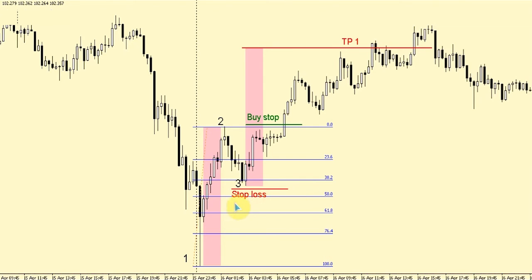We could set the stop loss under point 1, but given that the price bounced off the important Fibonacci level 38.2, we could place the stop loss exactly under this level, that is under point 3.